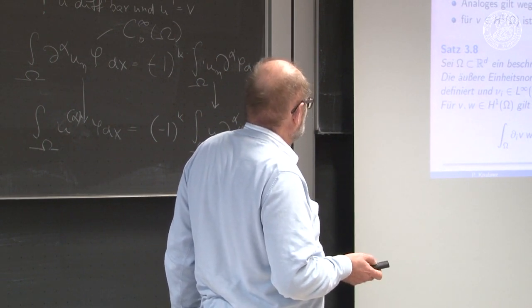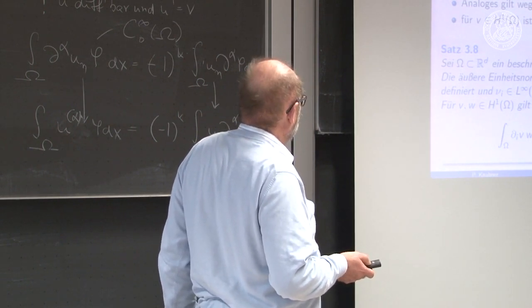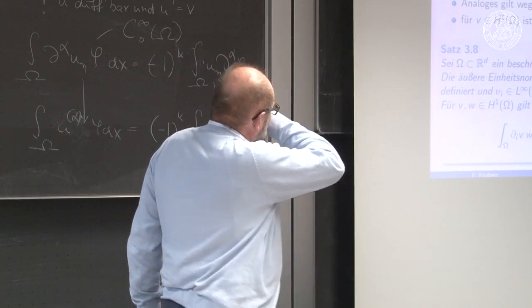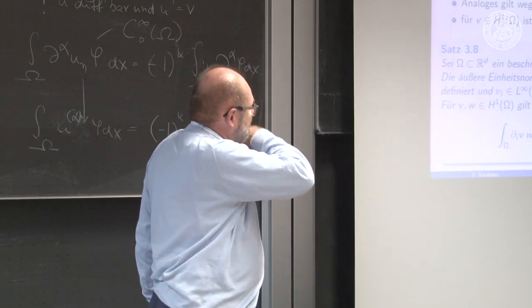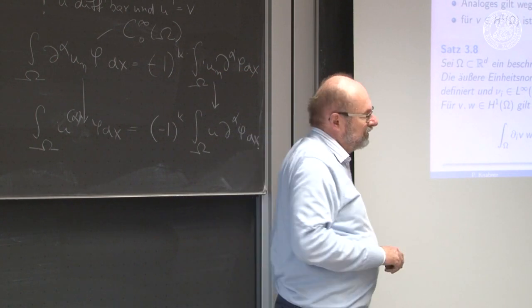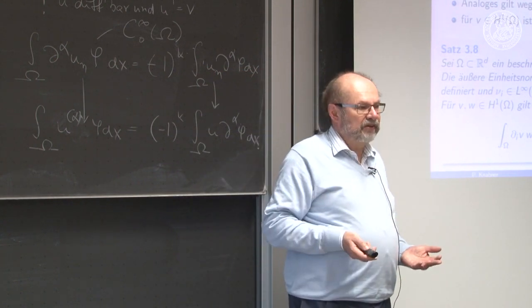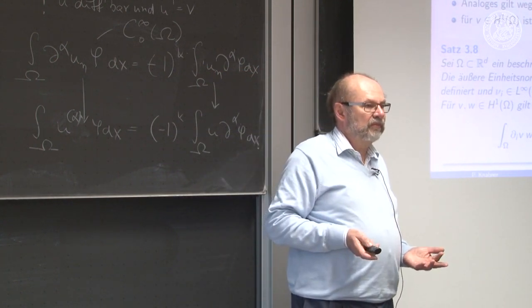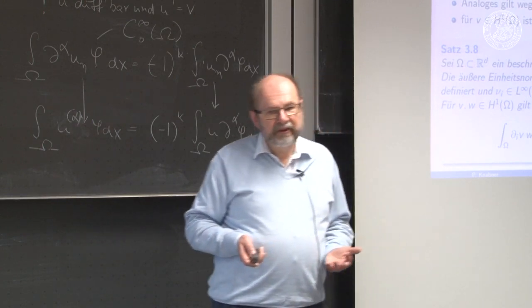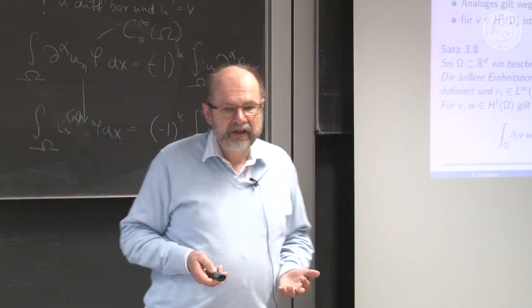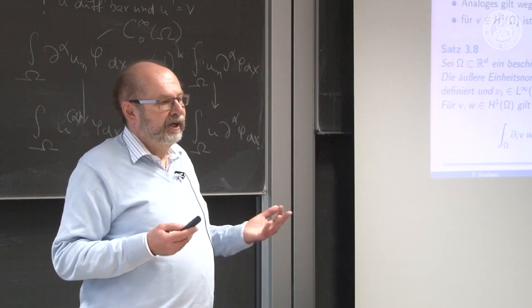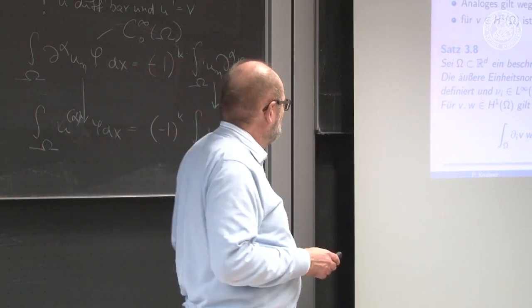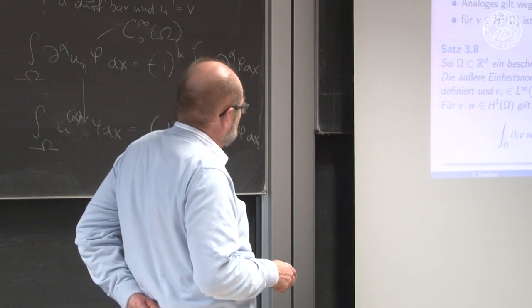For example, in deriving the weak formulation, we have seen we need something like partial integration. That was very essential there. So we need formulas for partial integration for hopefully quite general situations. And there is such a formula for partial integration.